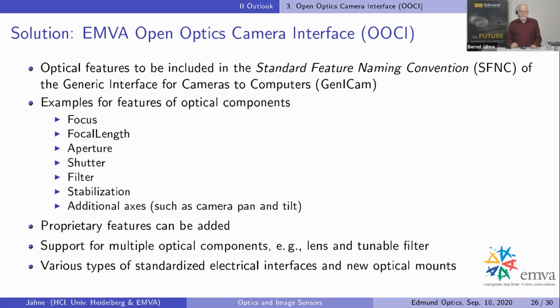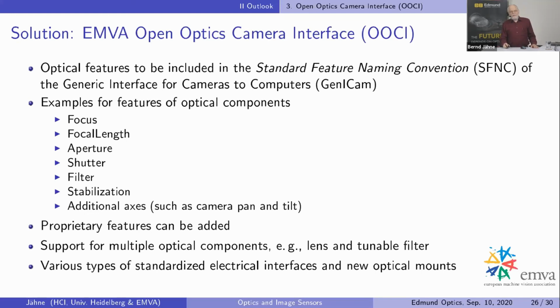We have started discussing this new interface for support of multiple optical components, for instance, a lens plus a tunable filter, or a liquid lens within a lens. And we are thinking about various types of standardized electrical interfaces between the lenses and the camera, and possibly, of course, also new optical mounts.